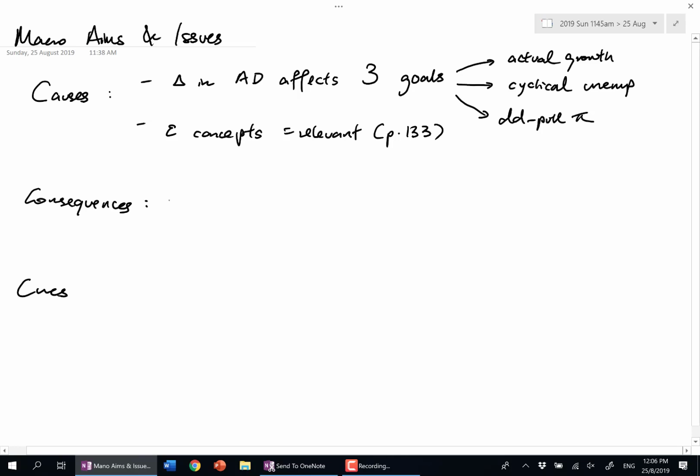Now, the first point is that this is actually memory work. Memory work in the sense that a question may ask you, why is high inflation bad? Pi stands for inflation. Or why is economic growth good?